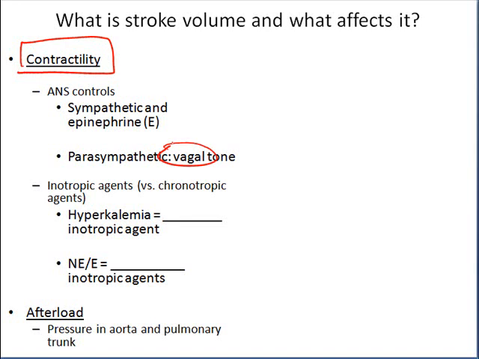Now, when I am tweaking strength of contraction, I am messing with what are called inotropic agents. So any factor that alters contractility of the myocytes is an inotropic agent.